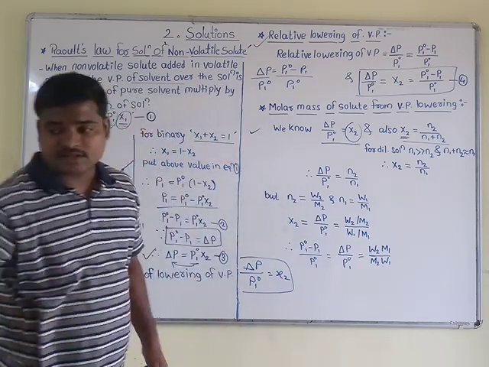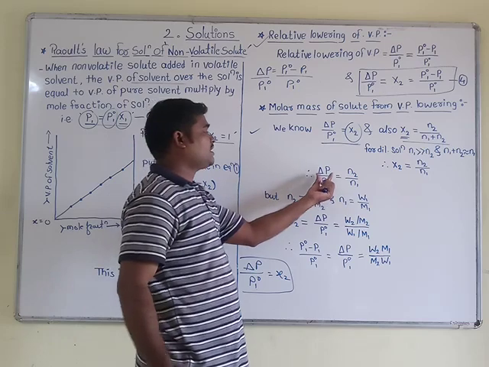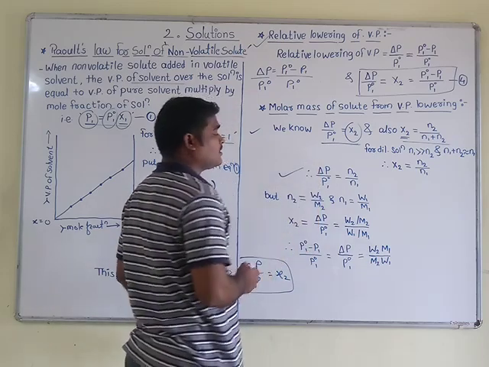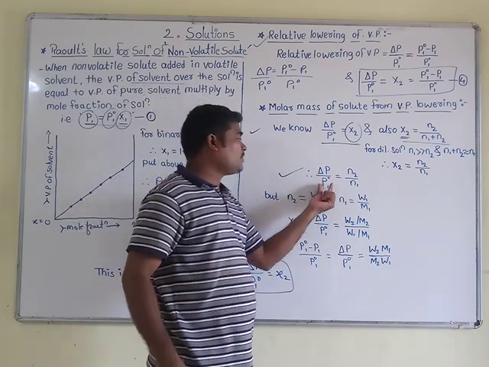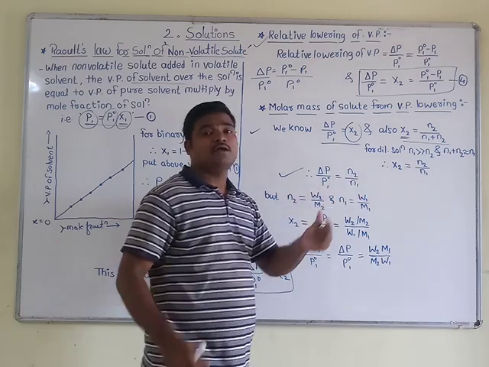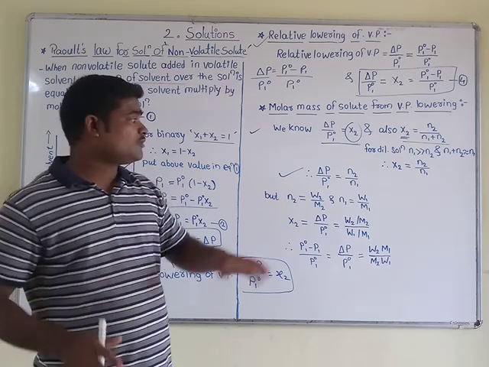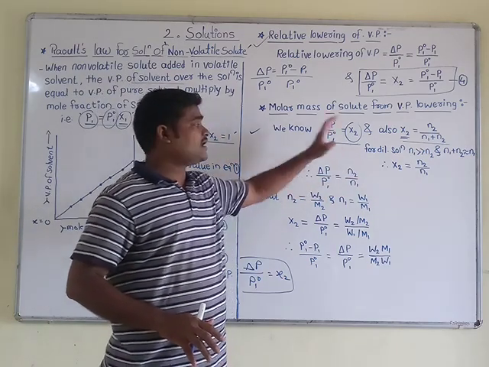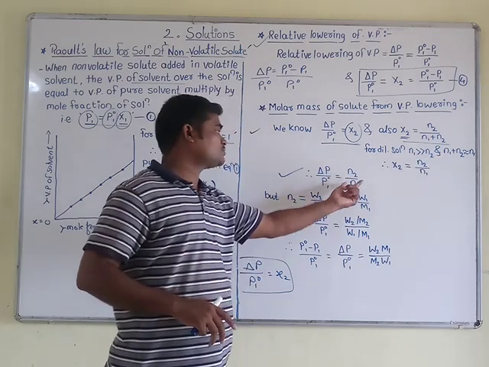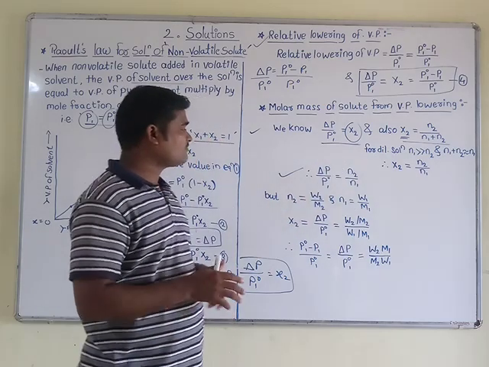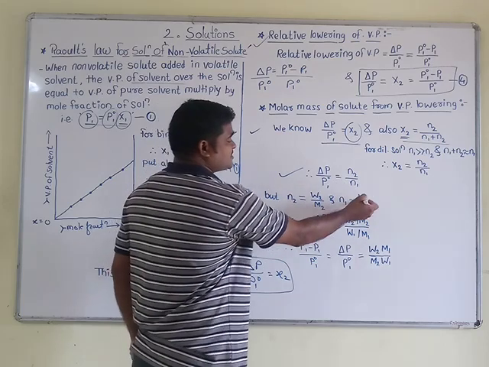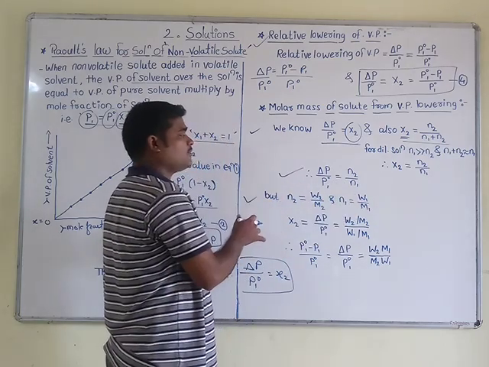Now the next part of this equation: delta P upon P1⁰ is nothing but the relative lowering of vapor pressure, which is the mole fraction of solute. We have arranged that equation in this form, X2 equal to N2 divided by N1, and substituted the values of N2 and N1 in the above equation.